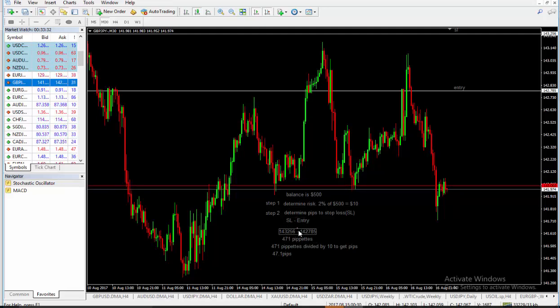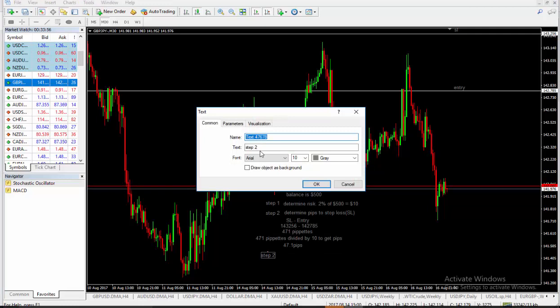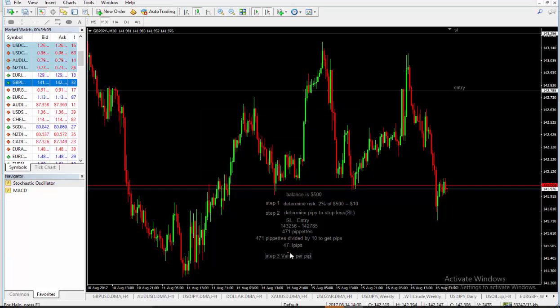Now we are going to step 3, which is value per pip. Now we all know how to do that, right?